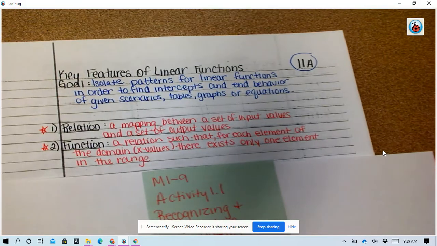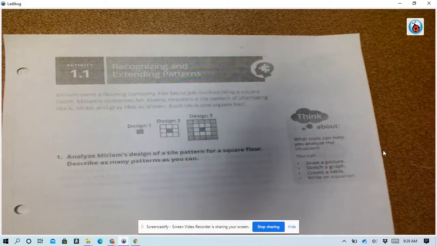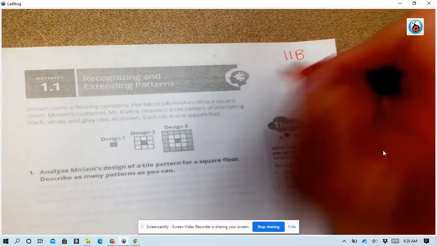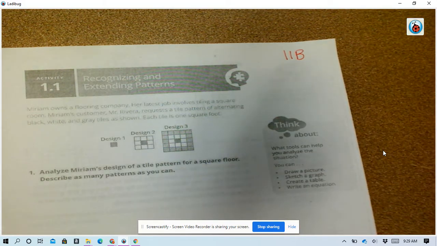Okay, and I've got that here. It should look like this. This is also going to go into the prongs of your folder, so we're going to number that 11B.